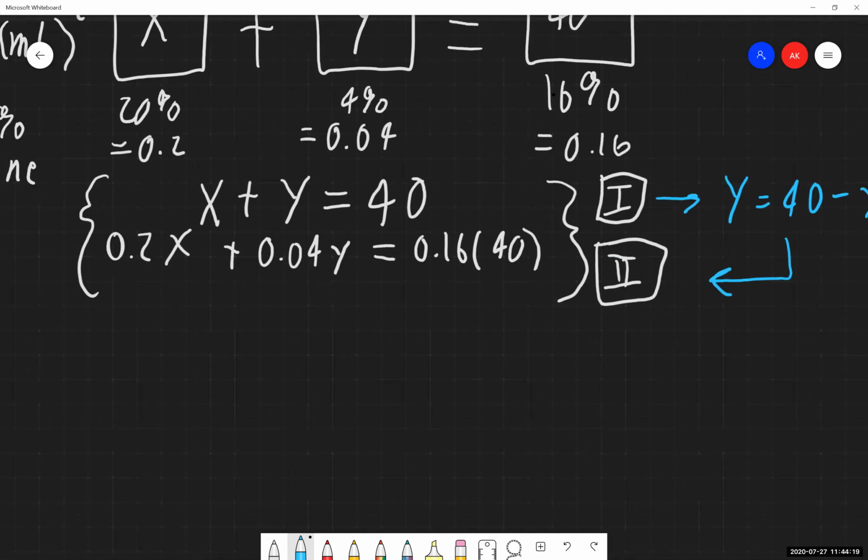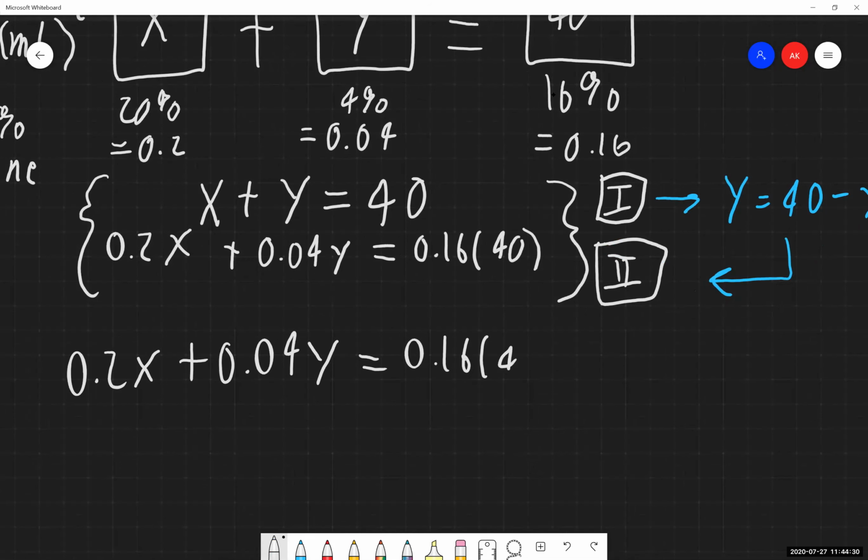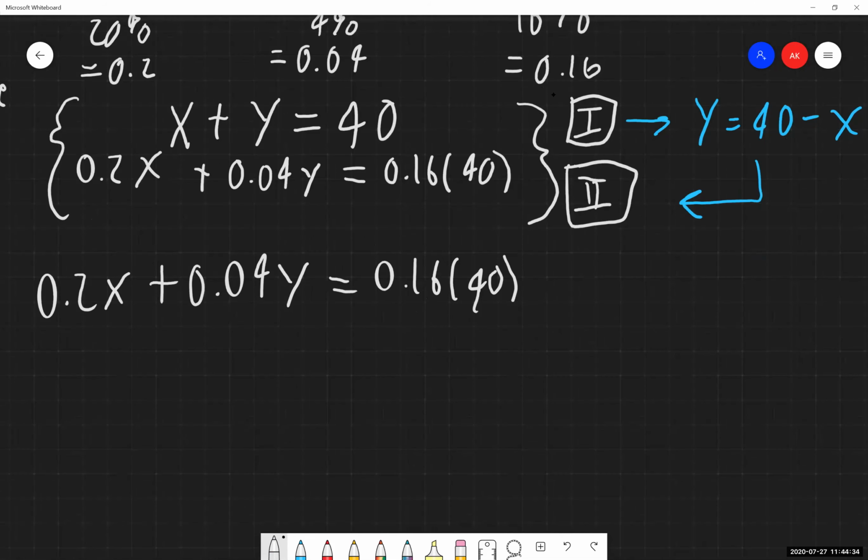So in my second equation, I'm just writing out the general equation first. And now I'm substituting values in.